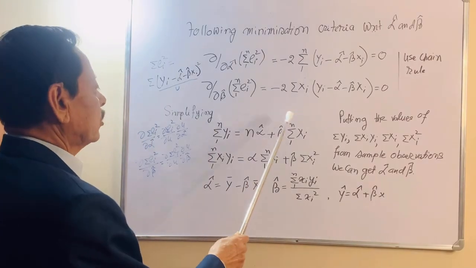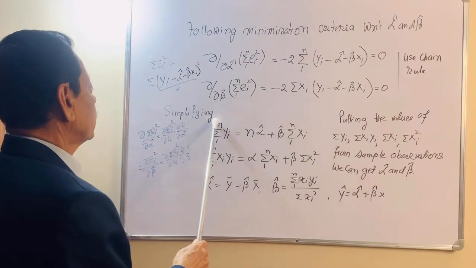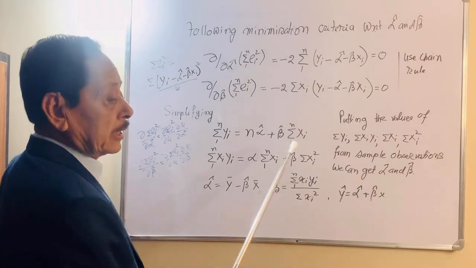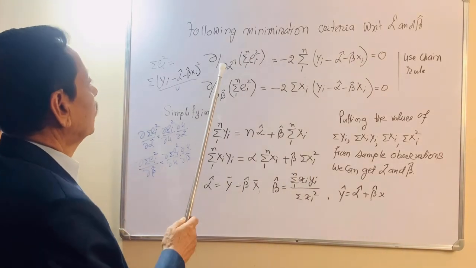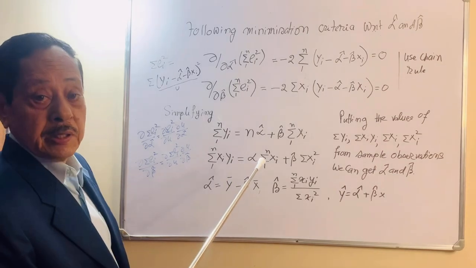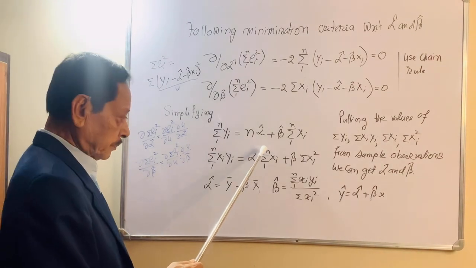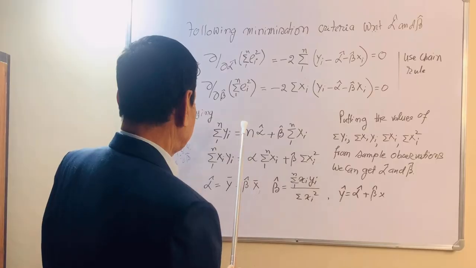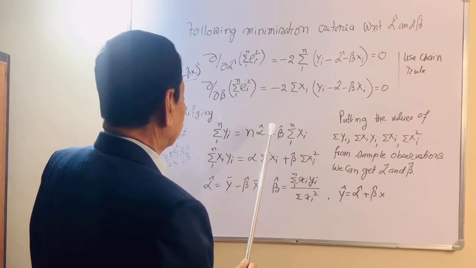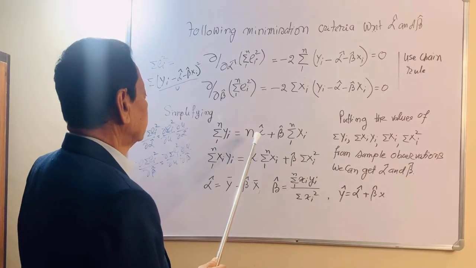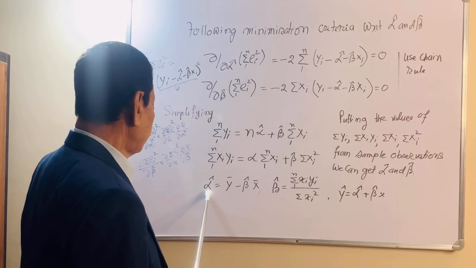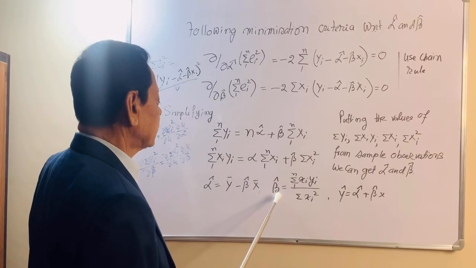So these two equations are known as the two normal equations of ordinary least squares, which is very common in estimation. Using two normal equations, we can derive the value of estimated alpha and estimated beta.